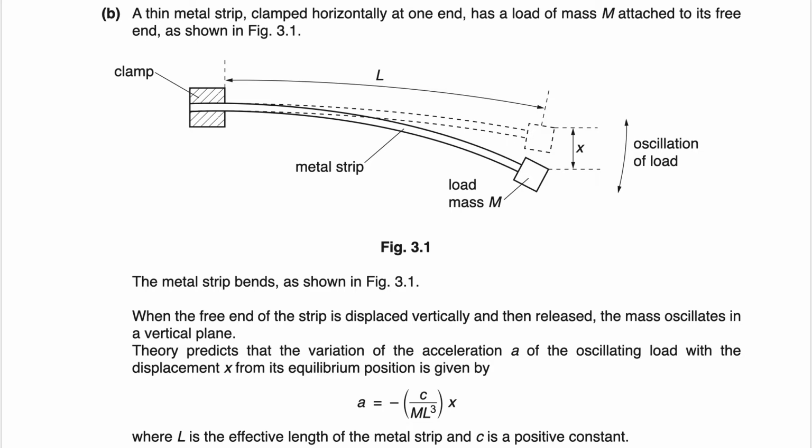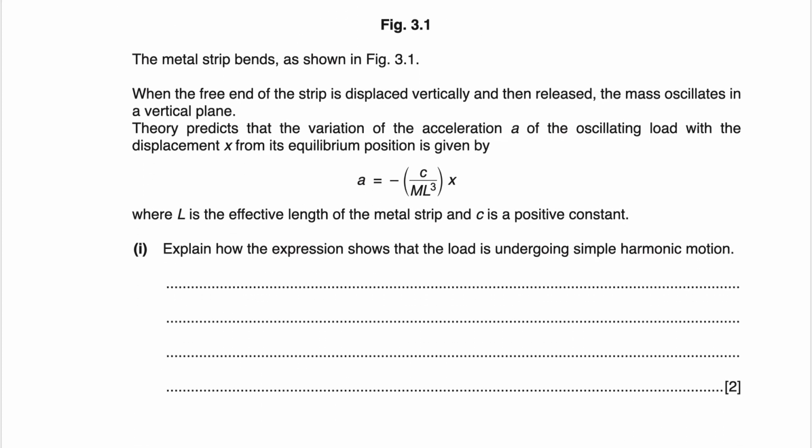Now let's see what question they are asking. They have given an equation here, a equals minus C divided by m L cubed times x, where L is the effective length of the metal strip and C is a positive constant. Explain how the expression shows that the load is undergoing simple harmonic motion. We don't need to bother about the image now, but simply by looking at this expression we can tell, just like we can tell y equals mx plus c means a straight line.